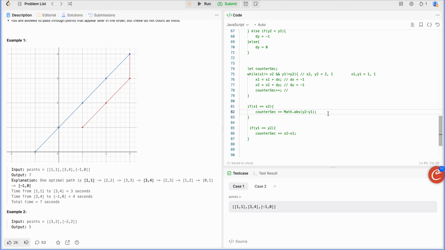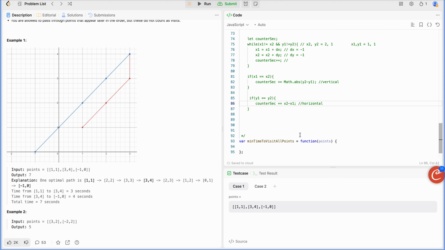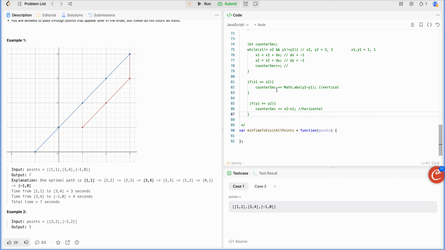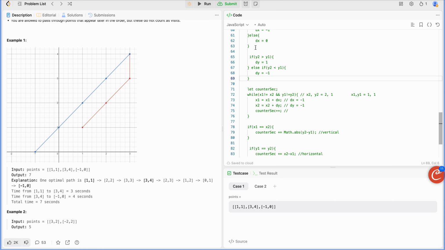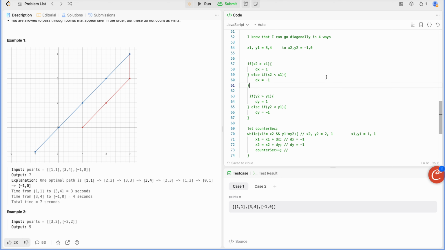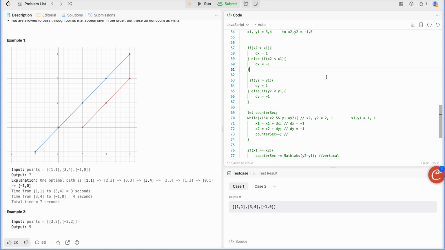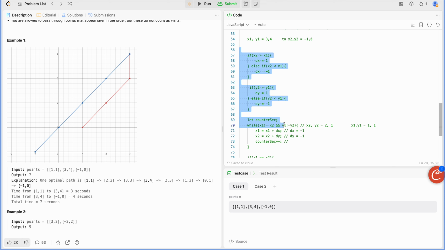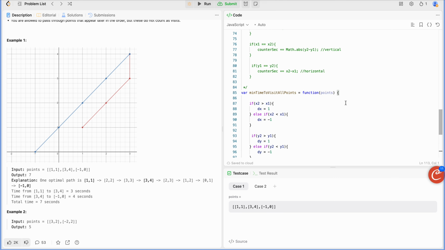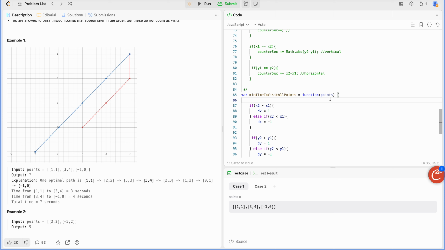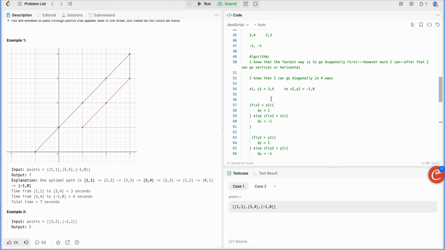So this is going vertical, this is going horizontal. Yes, so this is the function, and actually this is just for going from one point to another point, right?